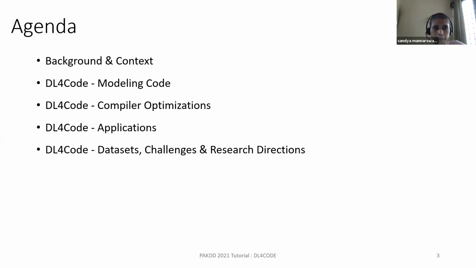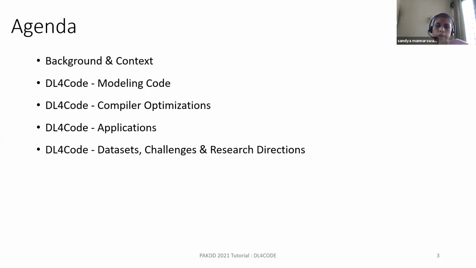And then Dr. Dibyendu Das would talk about applying deep learning techniques in the context of compilers, basically how DL techniques can be used in compiler optimizations, both in terms of replacing deterministic heuristics or rules, and also building automatic optimizations themselves using deep learning techniques. Then in the last session, I would be talking about a few applications for DL4Code, where we are using deep learning techniques to build software engineering tools and systems.